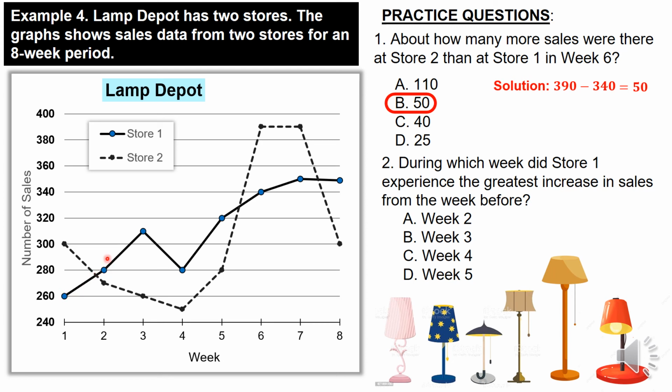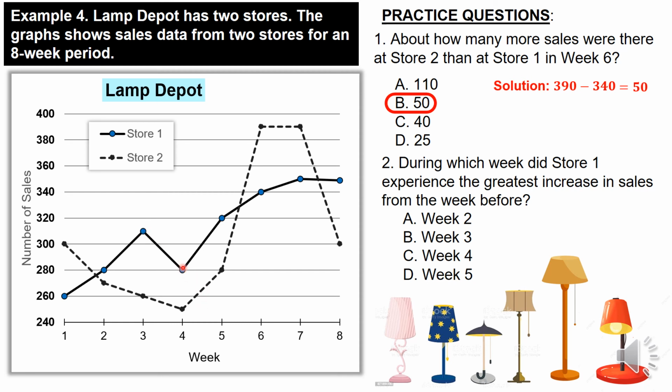If you are not so sure in judging slopes, you can manually check the numbers and do some operational difference. 260 going 280, that is a 20 increase. 280 to 310, so this is a 30 increase.